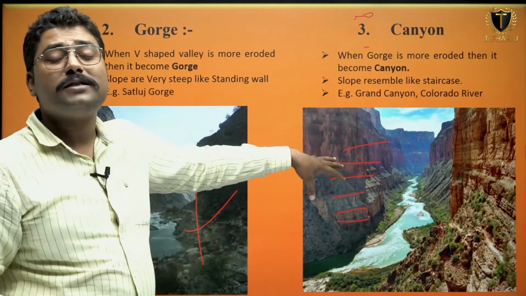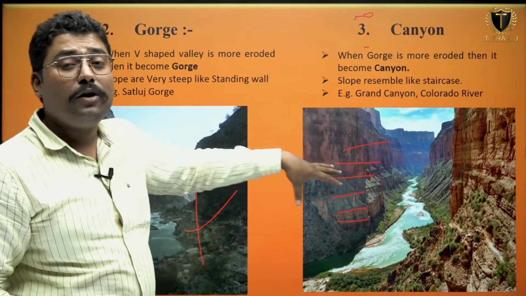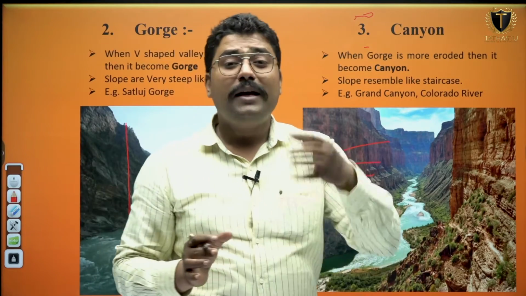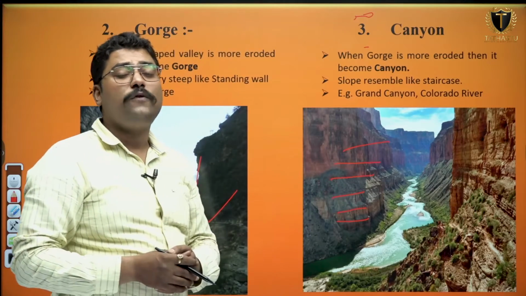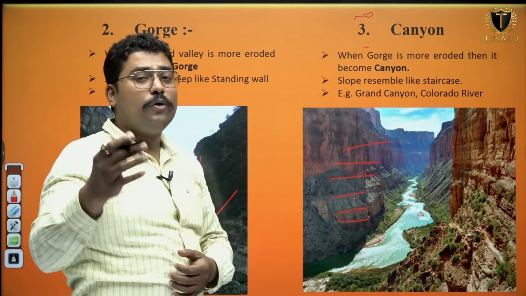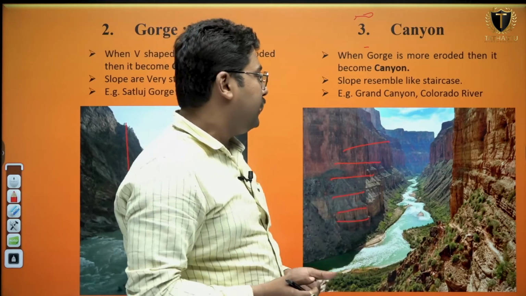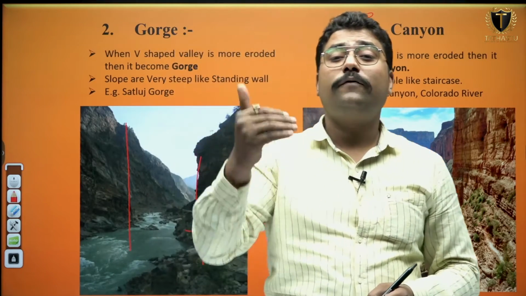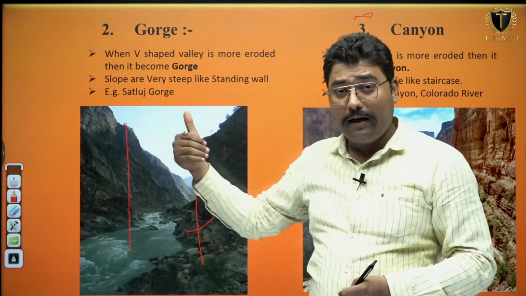Then it is considered a canyon. The most well-known canyon on earth is the Grand Canyon, which is formed by the Colorado River in the Colorado Plateau, as you can see. So in this way the three most important first stage features of the river come.